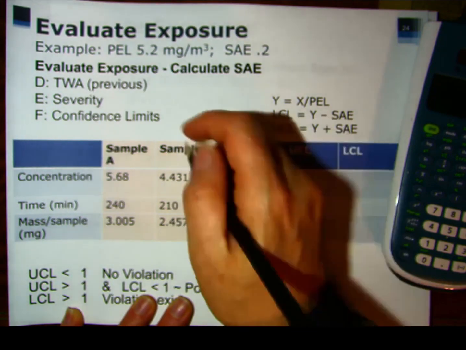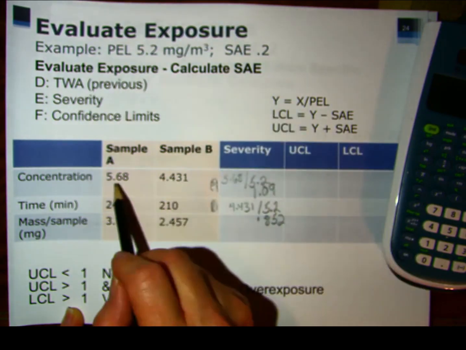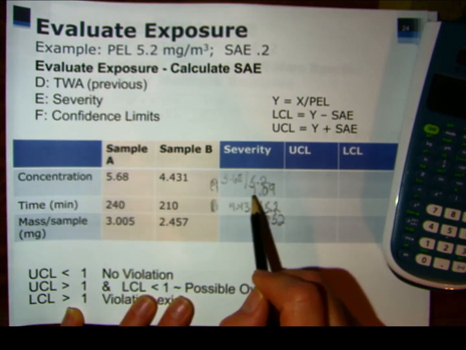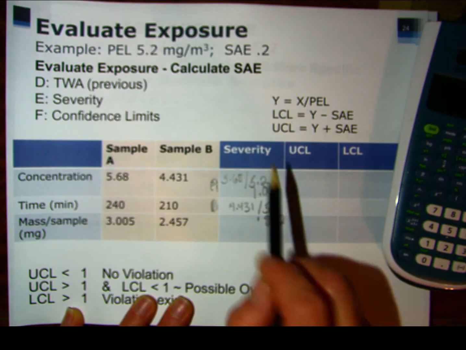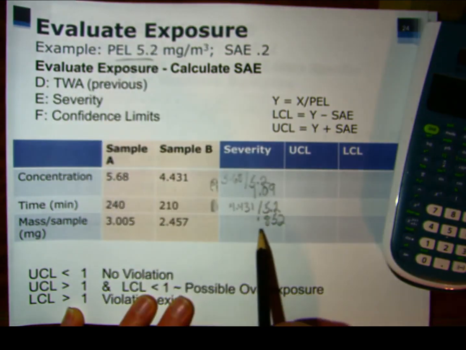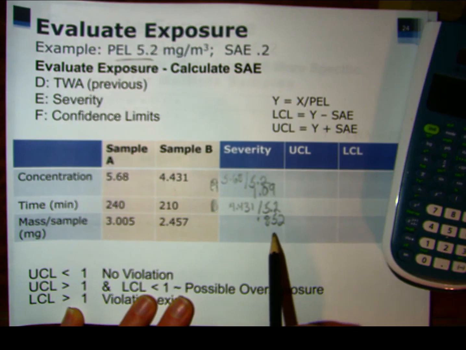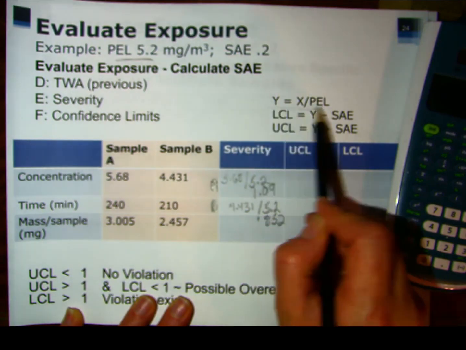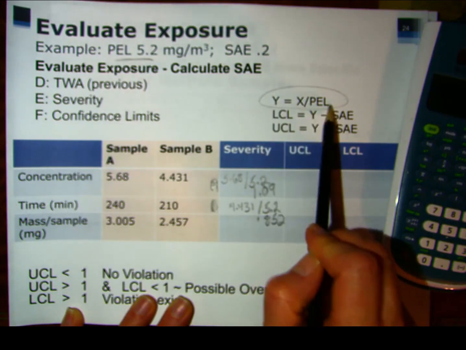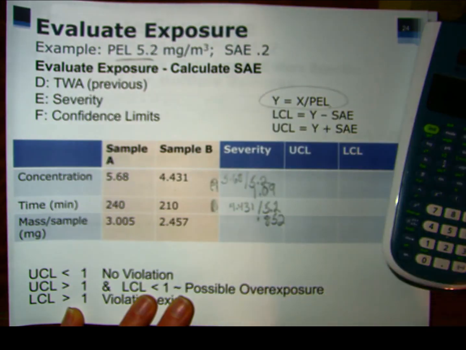So you can see when we did our comparison that sample A is 109% of the PEL, and sample B is 85% of the PEL. Because that's truly what our severity is. It's our concentration over our PEL, so it's just a simple ratio.